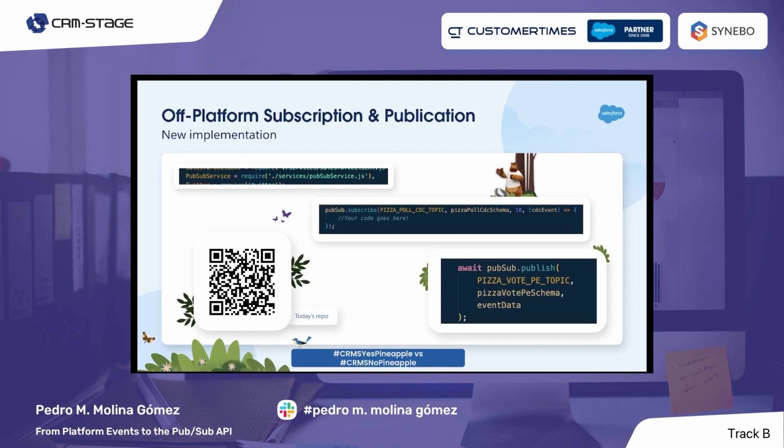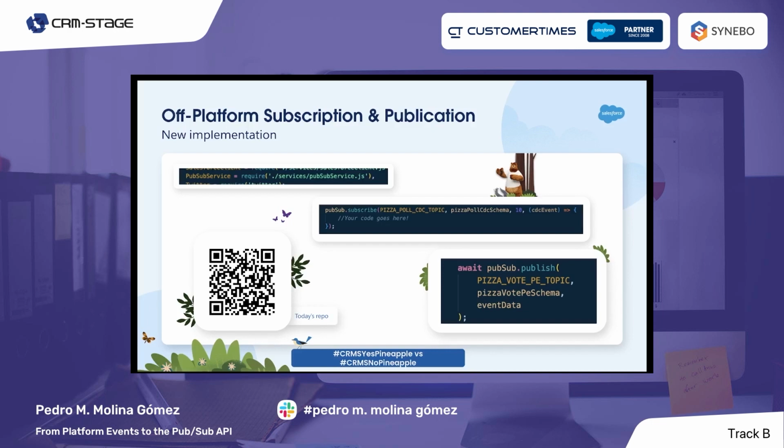With the PubSub API, we are not only getting the change data capture itself, but also the description, or the schema. I'll go into the detail later on at the code, and I believe you're going to see it much easier in there.